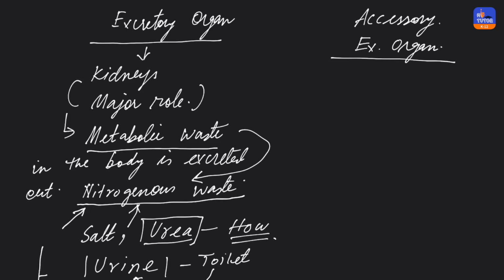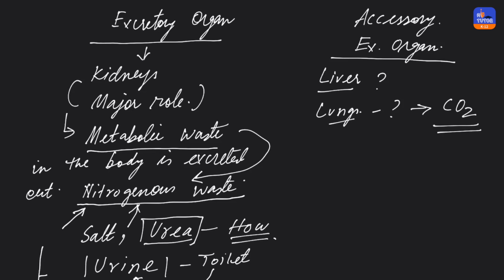When we talk about accessory excretory organs, basically we are discussing the liver. What does the liver do? That we need to know. We are talking about lungs. Lungs deal in throwing out carbon dioxide. Sir, what does the liver do? Okay, wait. Skin.